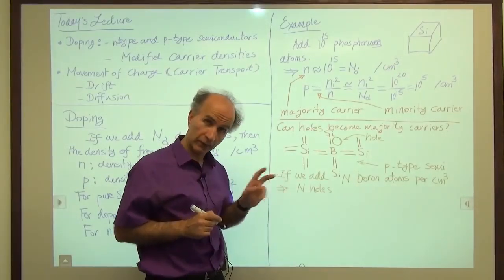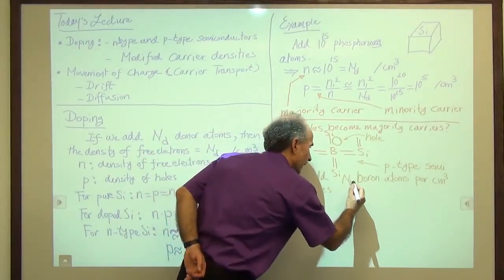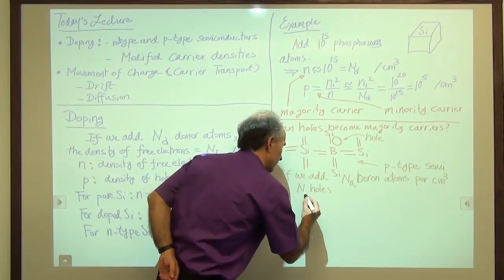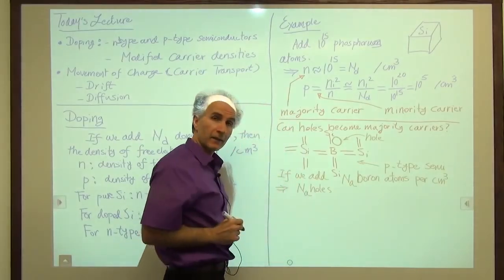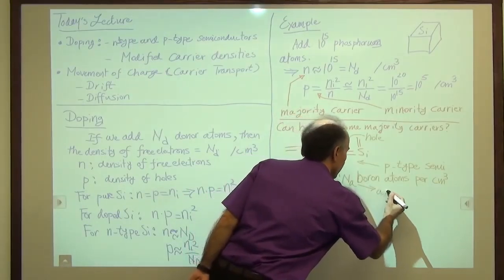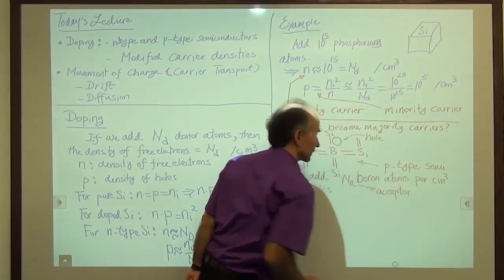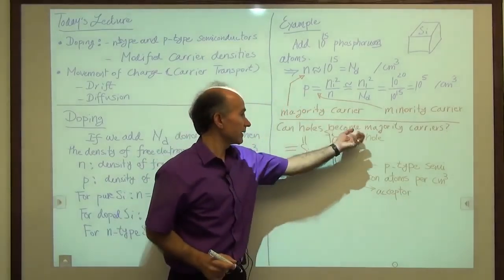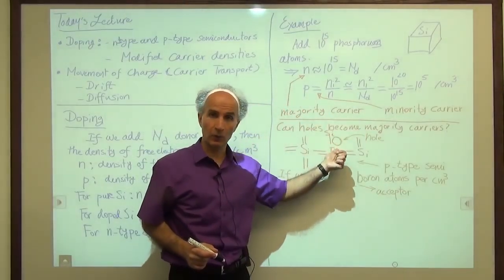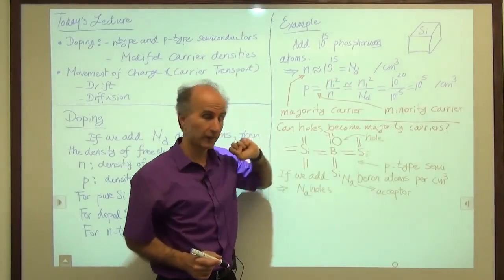Okay, so again, to avoid confusion, we will add subscript A here and here. And A stands for acceptor, because boron, in this case, operates as an acceptor, not a donor. Boron would like to receive an electron and fill up this hole, as opposed to phosphorus, where it would donate an electron.